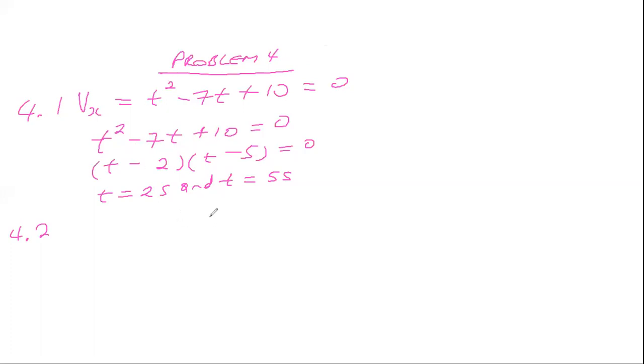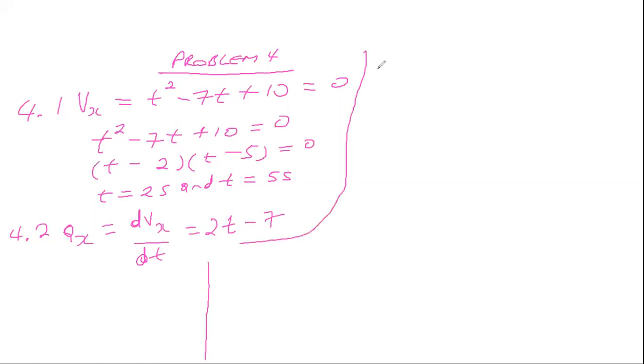So first of all, we work out the acceleration, which is the derivative of velocity with respect to time. So let's differentiate: this becomes 2t, and this becomes 7. The derivative of 10 is 0. So this is acceleration. Now let's work it out.